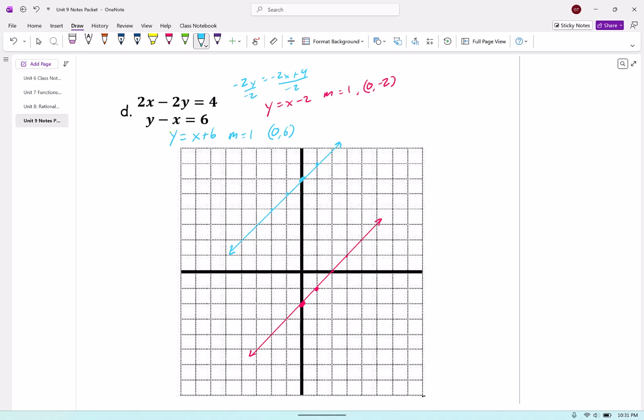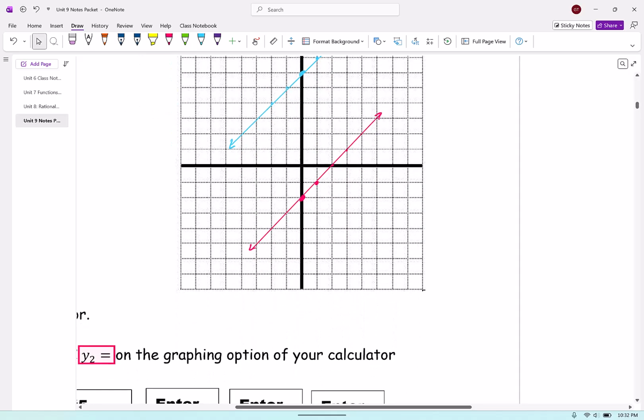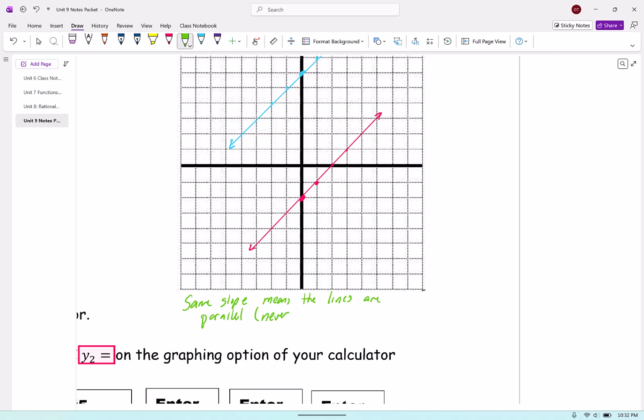All right. So hopefully you recognize that these things are parallel to each other. Maybe you thought that was the case beforehand because we got the exact same slopes, which means they're going to be parallel. And so the same slope means the lines are parallel, hence they will never touch.